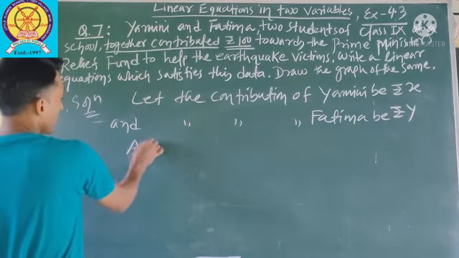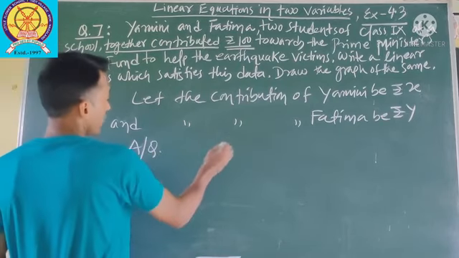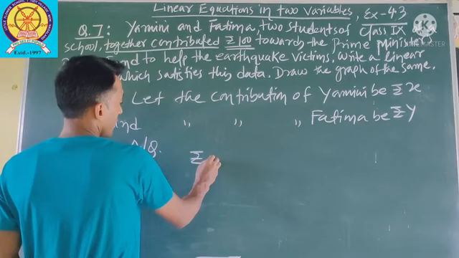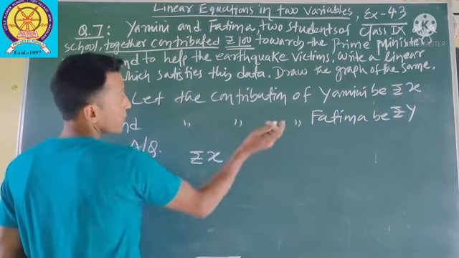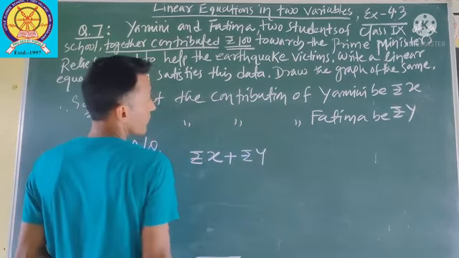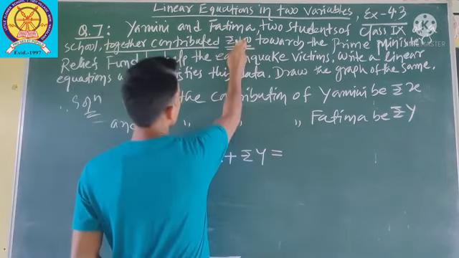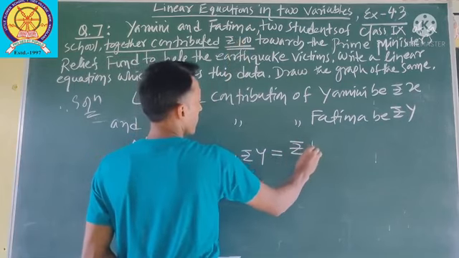So as per the question, together, rupees x contributed by Yamini, rupees y contributed by Fatima, they together contributed how much? 100 rupees.